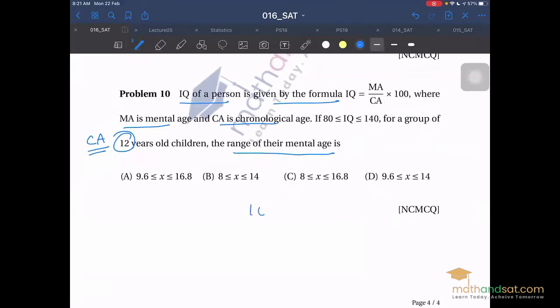So IQ is given to be between 80 and 140. And you know what is the formula for IQ? It's MA divided by CA into 100.